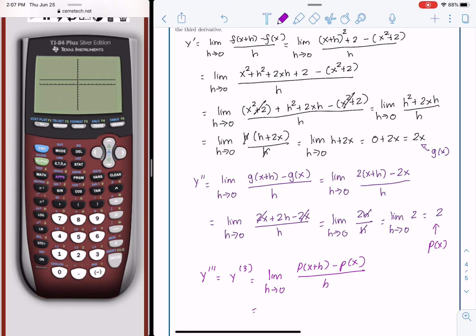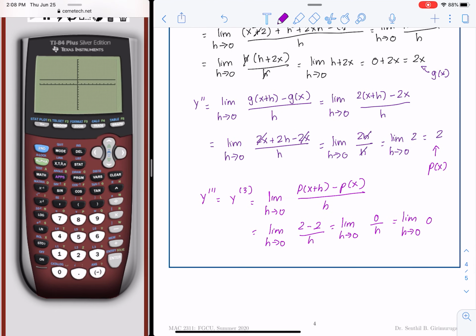Well, what is p of x plus h? There is no x to replace in p, so it will simply be 2, and p of x is 2, divided by h. What is 2 minus 2? 0. 0 over h is 0, and we take the limit h approaches 0, and you get 0. Well, is the third derivative a function?